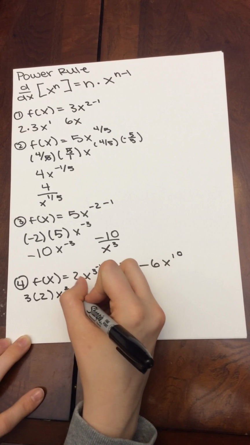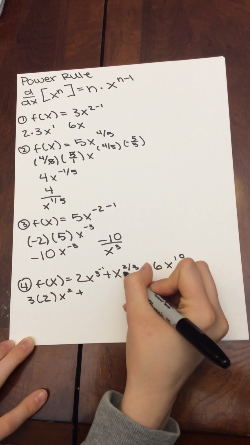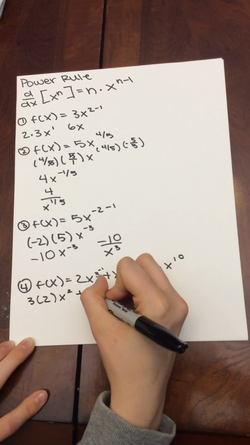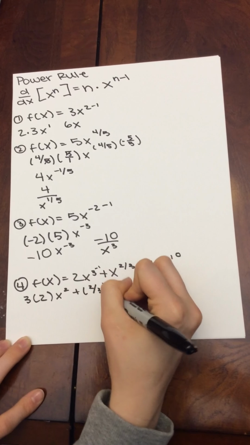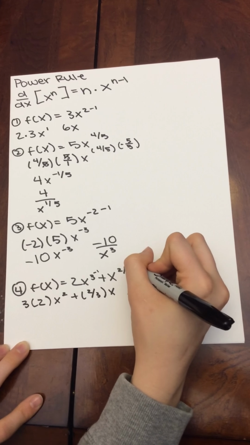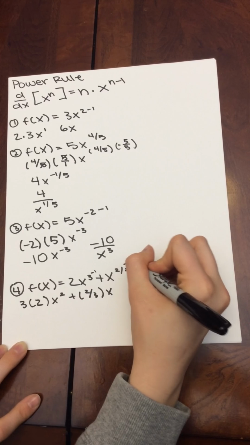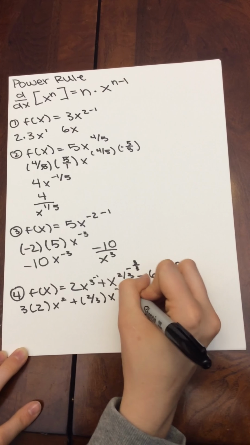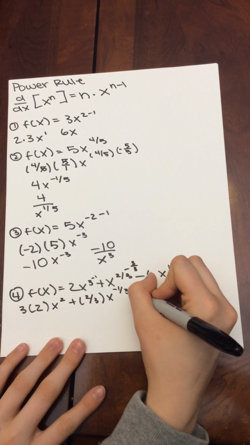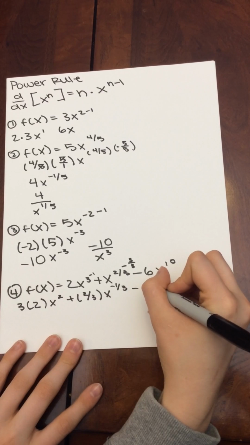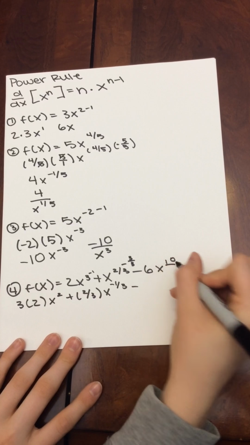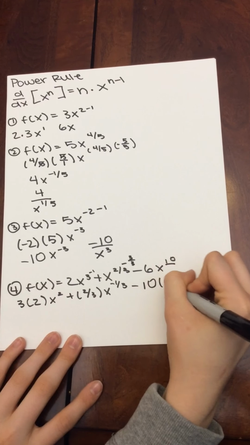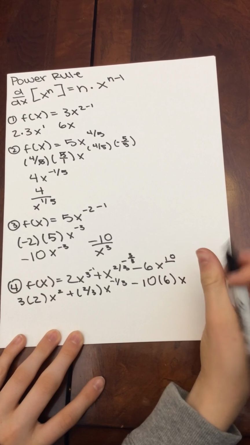And then you add it with x to the power of 2/3, which is 2/3 times x, and then 2/3 minus 3/3, because that's 1, gives you -1/3, and then minus, and then you have the exponent, so 10 times 6 x to the power of 9.